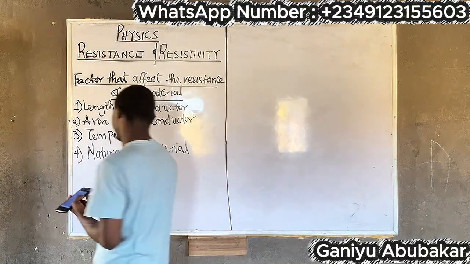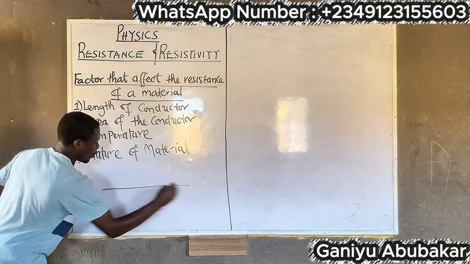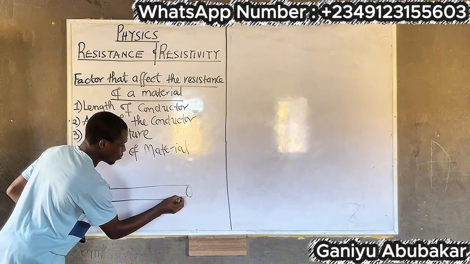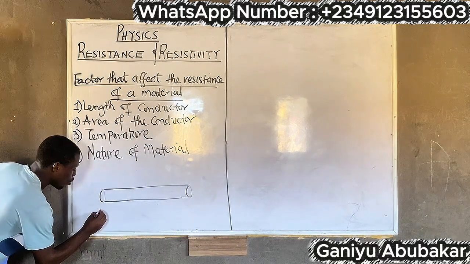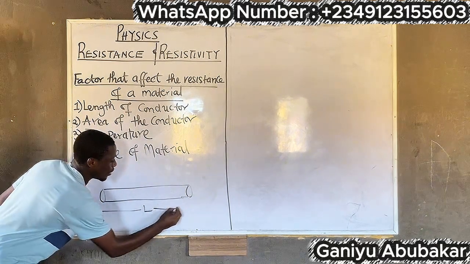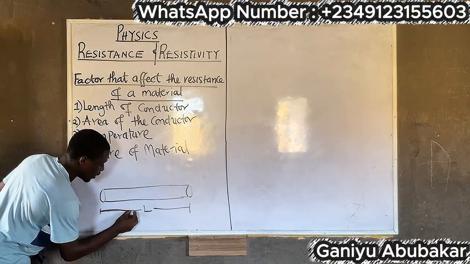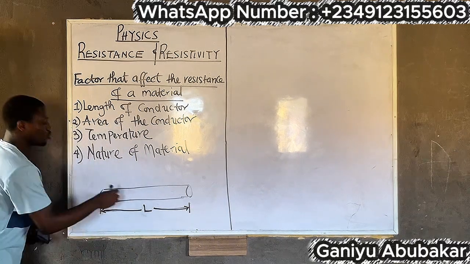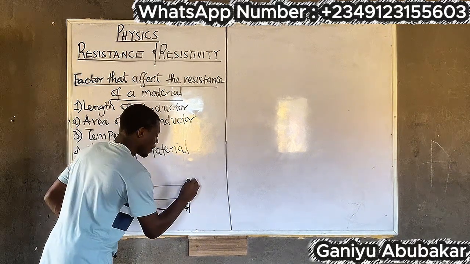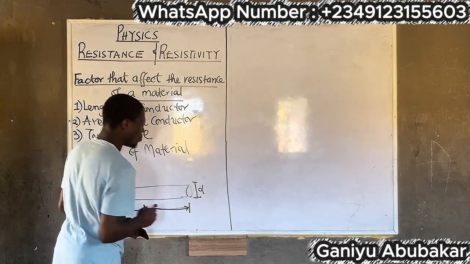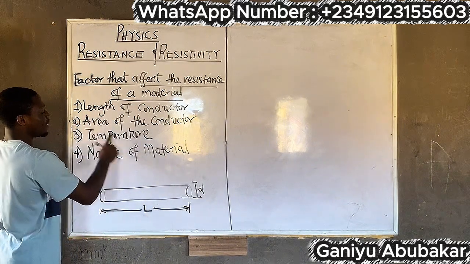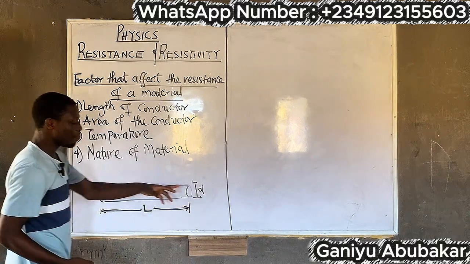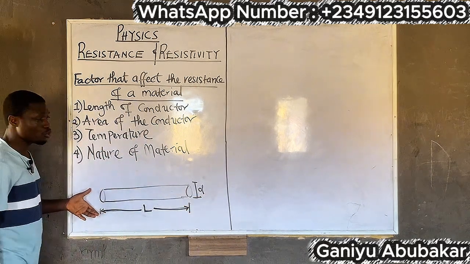If I have a conductor this way, it will have a length, which I'll call L. This same conductor will also have a diameter, and with the diameter I can get the area.